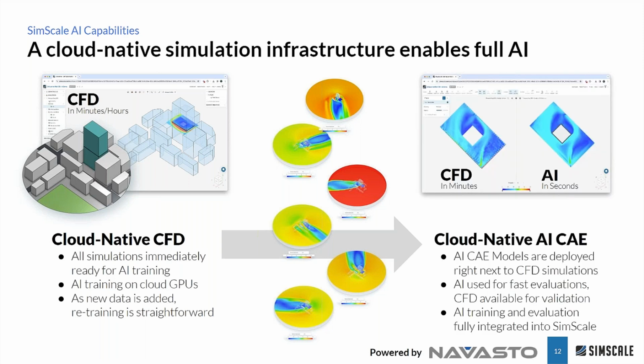With this AI model, you can predict the same solution fields, the same results as you had done with the CFD solution, but instead of taking hours, it just takes seconds. It's fully integrated into SimScale, so you can train AI models within SimScale, but you can also evaluate it next to the CFD solution.